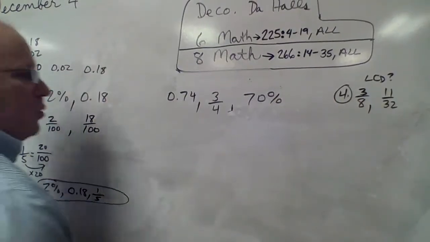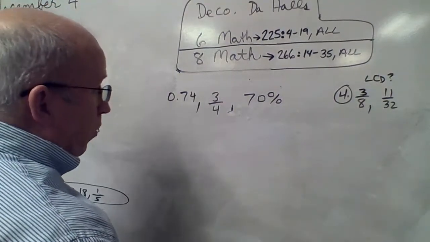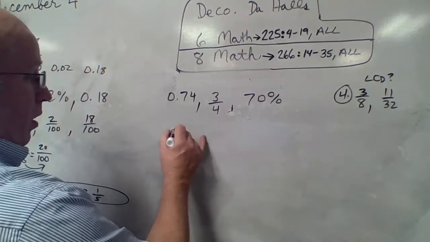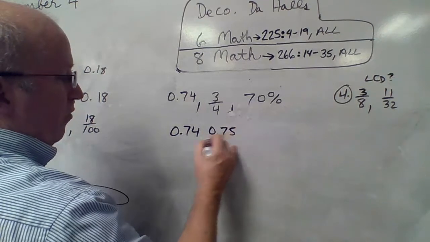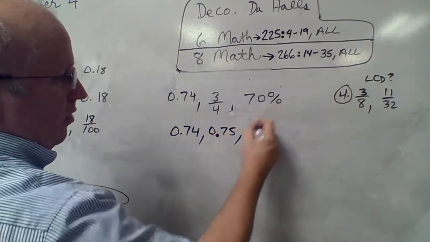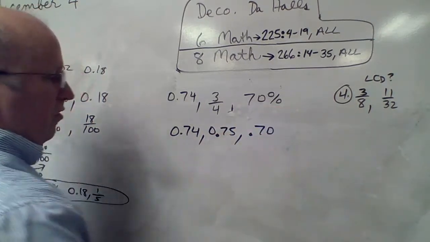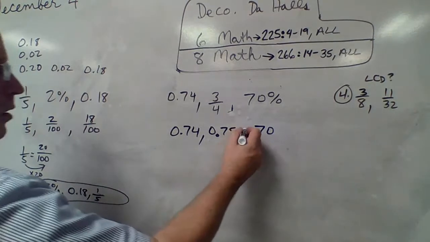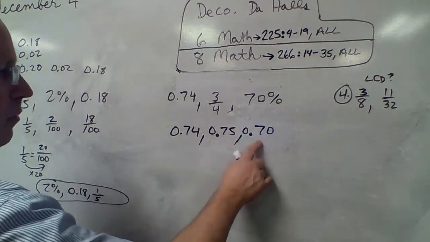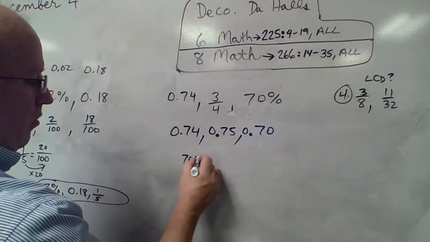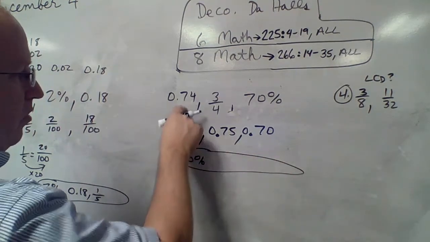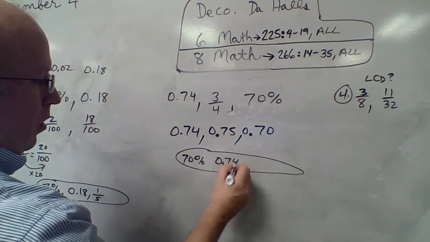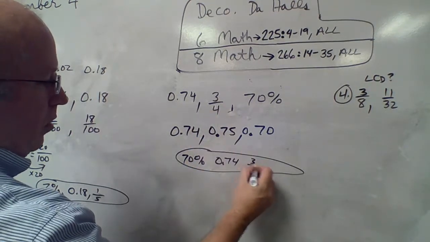Okay, how about this one? This is one where I might just change them all to decimal numbers. I happen to know that this is 0.75, and I happen to know that this as a decimal number is 0.70. Which one's smallest? It's got to be this one, right? 70%. Second smallest would be this one, and third smallest would be this one.